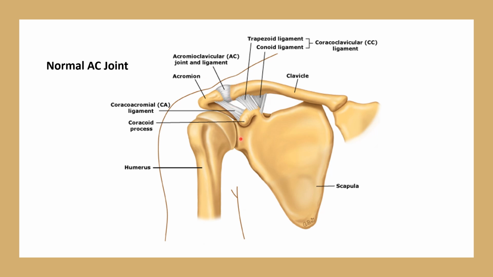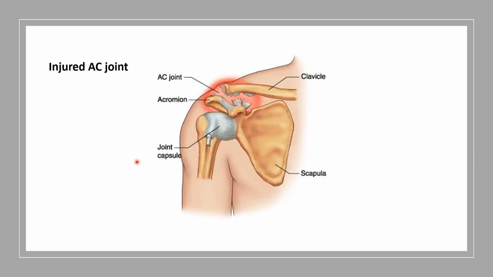So this is normal. And then when there is AC joint separation, this is what happens. Typically those ligaments are either stretched or torn, and this is what we're trying to demonstrate in that actual image. So when you apply weights, there is separation between the AC joint. Looks painful.